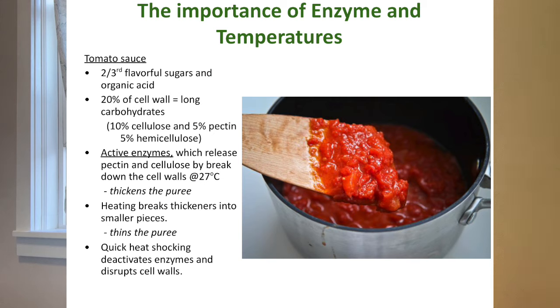Now, tomato sauce is very interesting. You can either cook a tomato sauce very quickly or you can cook it for a very long time. And there's a chemical reason for this. Two thirds of the flavorful sugars and organic acid in tomato sauce need to break down. So 20% of the content of a tomato is the cell wall, which are long carbohydrates: 10% cellulose, 5% pectin, and 5% hemicellulose.